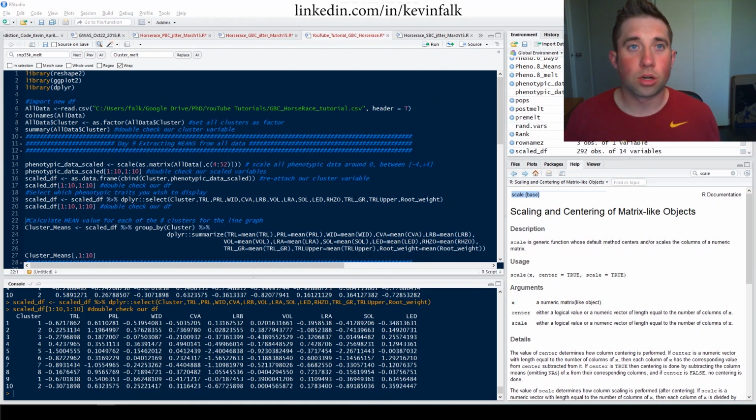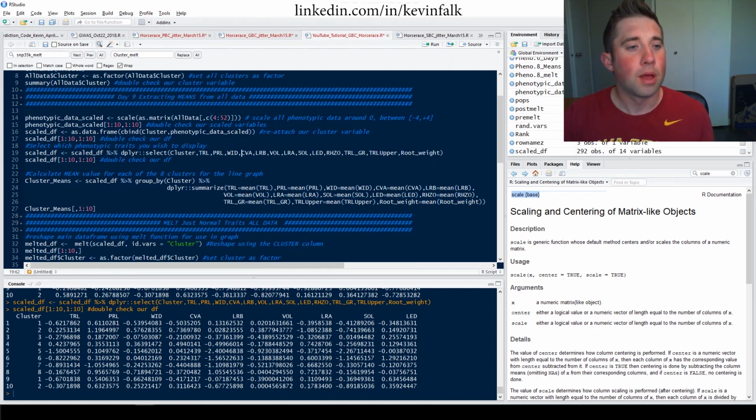So in order to make a graph with both points and lines, we have to create two different data frames. So I'm going to make the secondary data frame, and the secondary data frame is going to be a mean based on each individual cluster. So cluster 1 will have a mean for each trait, cluster 2 will have a mean for each trait, all the way down to cluster 8. So that's what I'll do next.